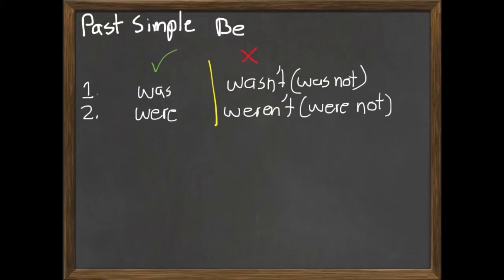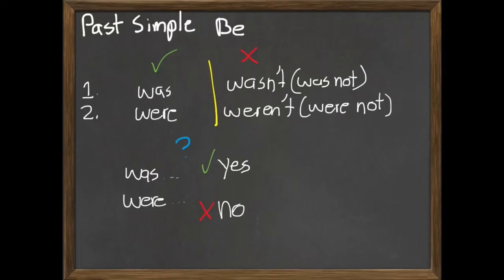The negative form will add a not at the end, and the not can be shortened by an apostrophe. Was not can turn into wasn't, and were not can turn into weren't.